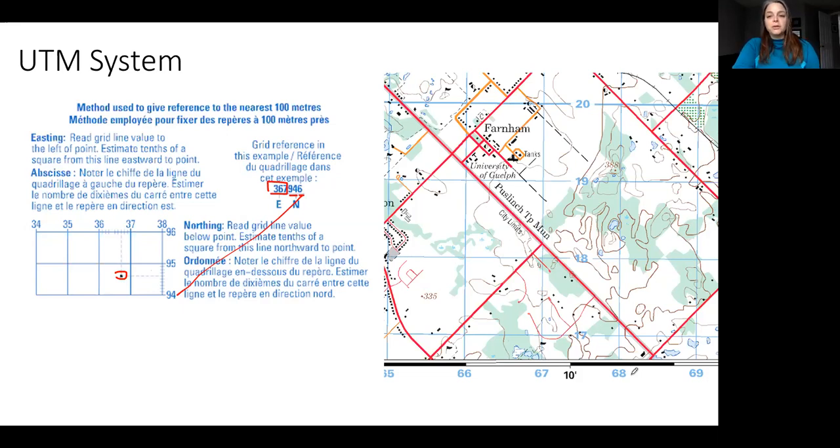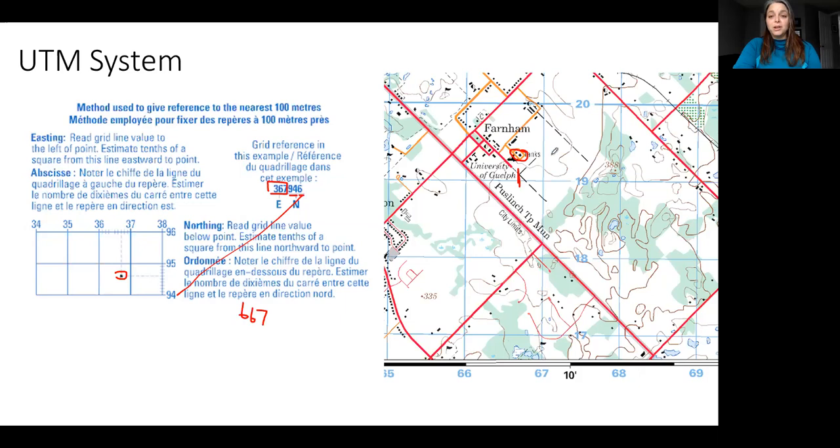So if we wanted to find out, say, the grid reference for these tanks, we're going to go to our easting value. So it's going to be 66. And we've got to decide how far across it is there. So I'm going to say maybe it's 7. So I would write down 6, 6, 7.